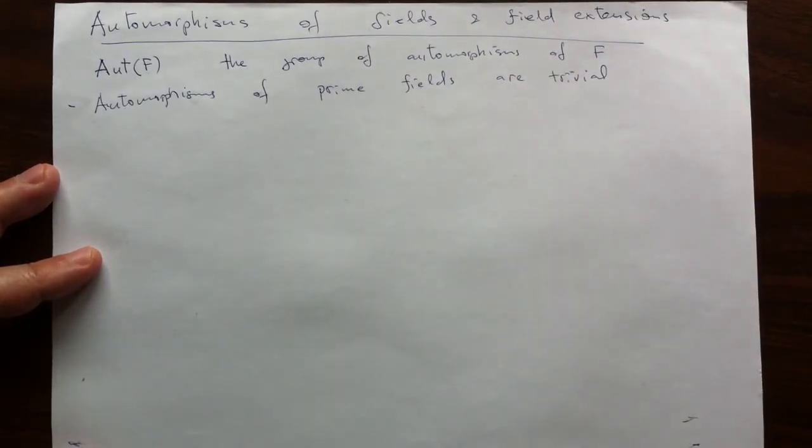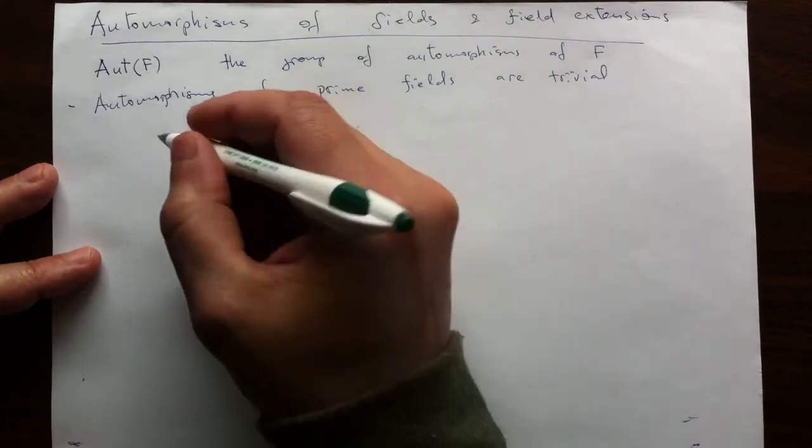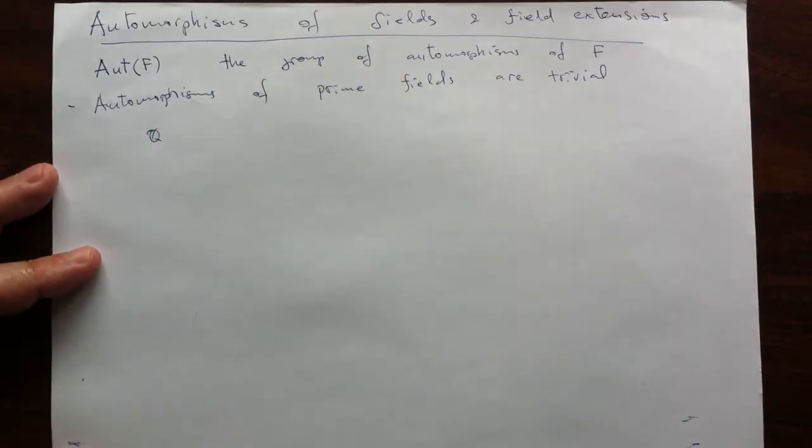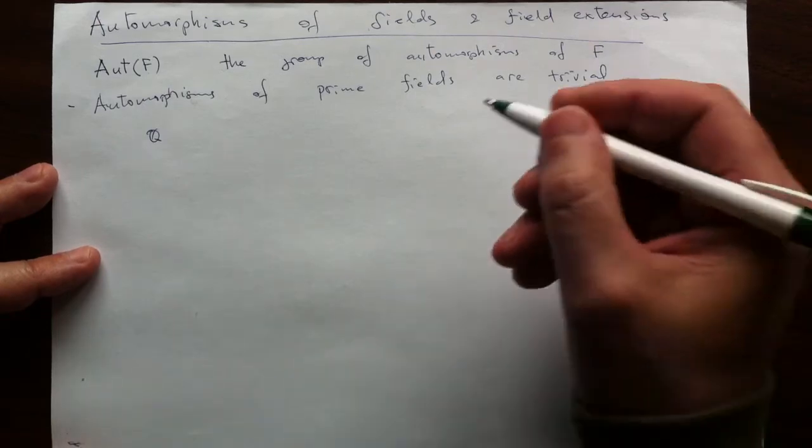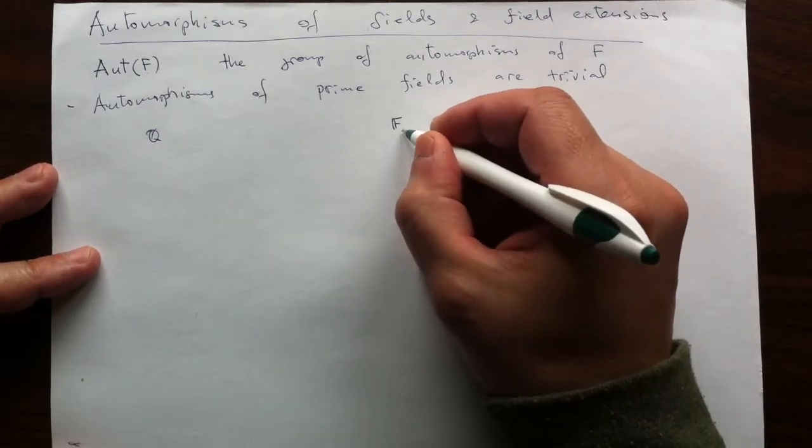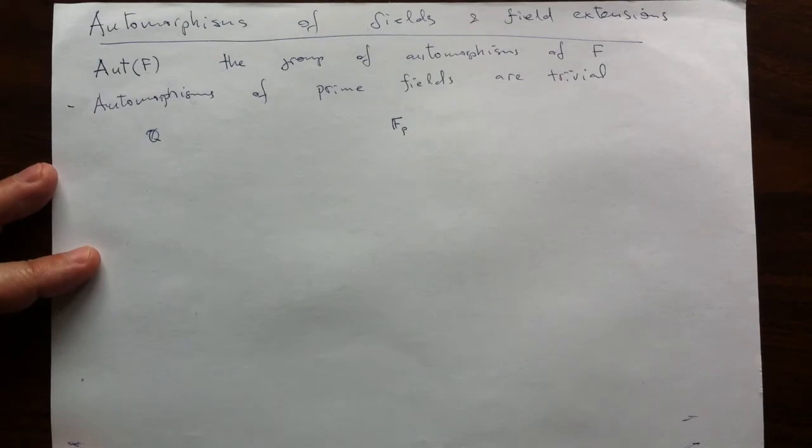Just to remind you, prime fields are those which are built out of 1 using addition and multiplication, and there are two distinctive classes: characteristic 0, which is the field of rational numbers, just a unique one in this characteristic 0 case, and characteristic finite, and there are many labeled by prime numbers, so they're integers mod p.